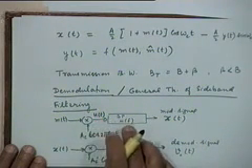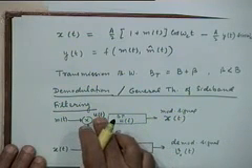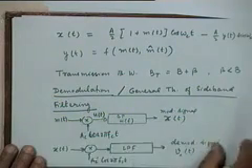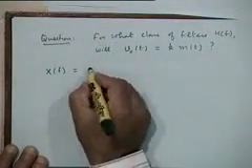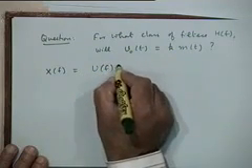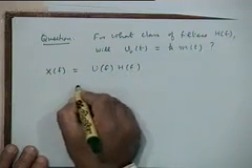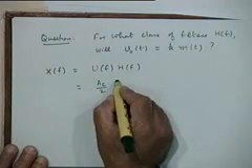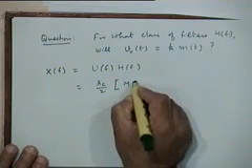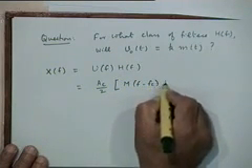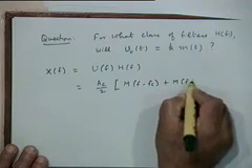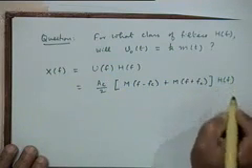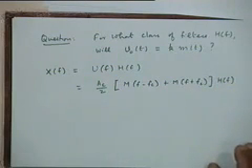It is U(f) into H(f), where U(f) is the spectrum of the modulated DSBSC signal. So X(f) is equal to A_c by 2 into the message spectrum translated to f_c plus the message spectrum translated to minus f_c, that into H(f). That is the spectrum of your transmitted signal.